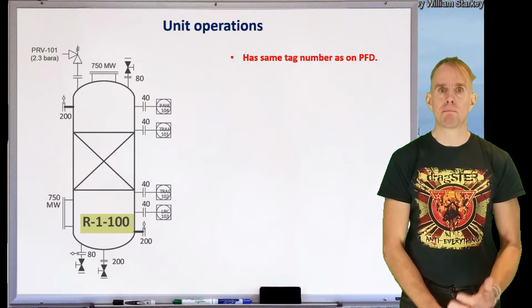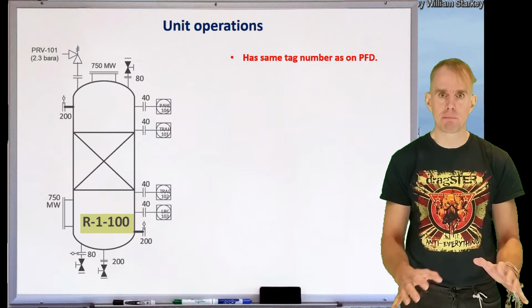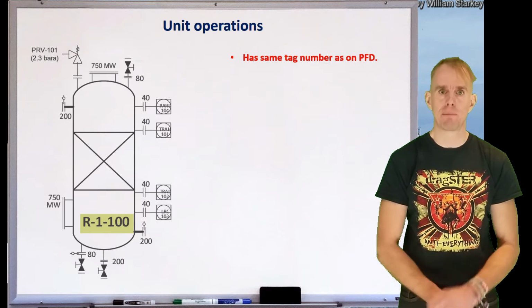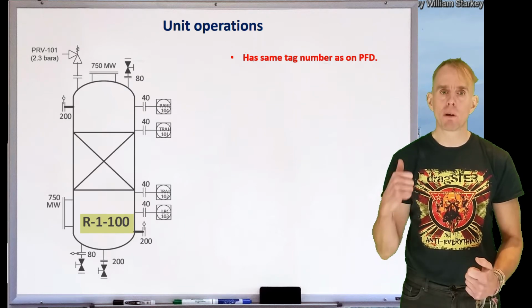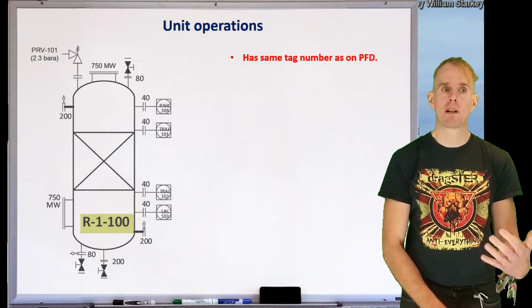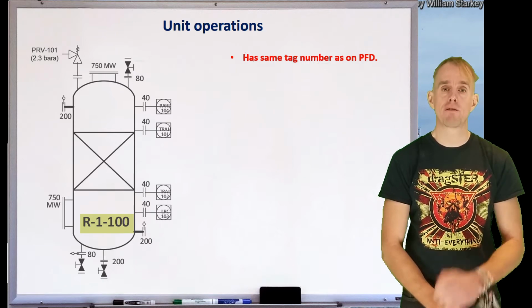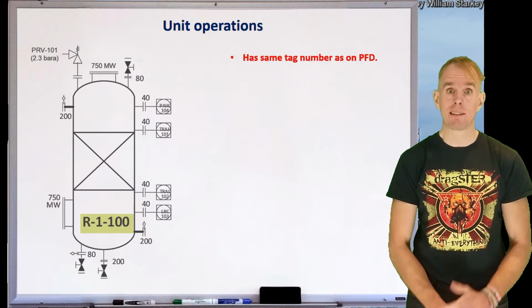So the tag numbers are the same. When we come to line numbers, they'll all be different because there are so many more lines on a P&ID compared to a PFD, but all our vessel tags are the same. So if we look to the PFD at R-100, we should be able to look at the P&ID for vessel R-1-100 and see the same vessel connected in the same way.